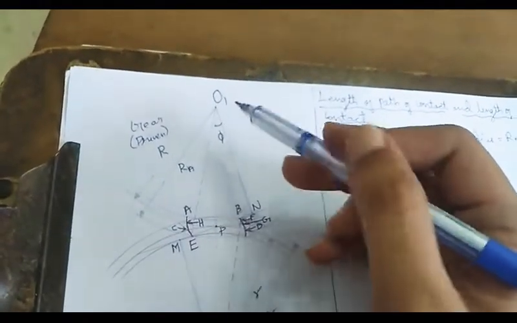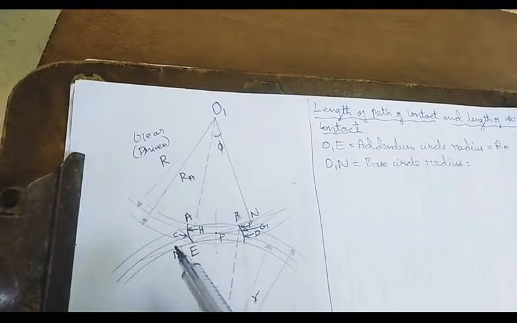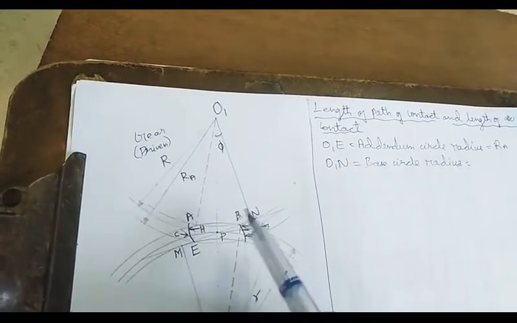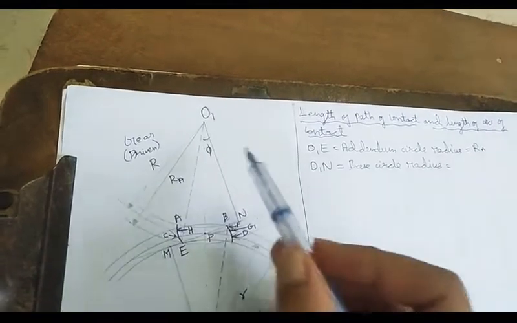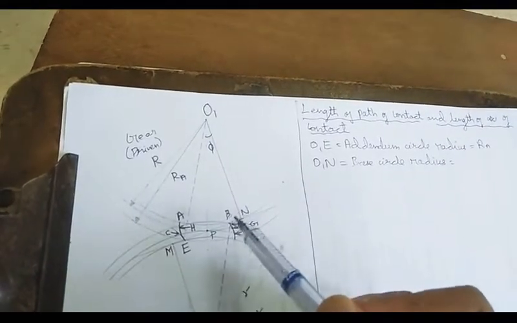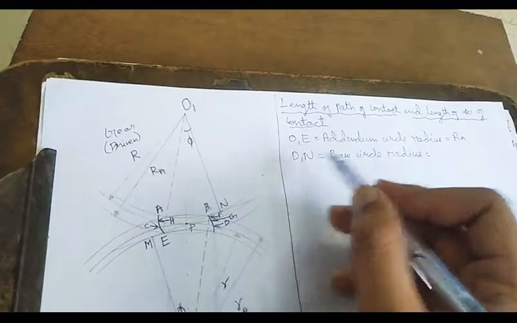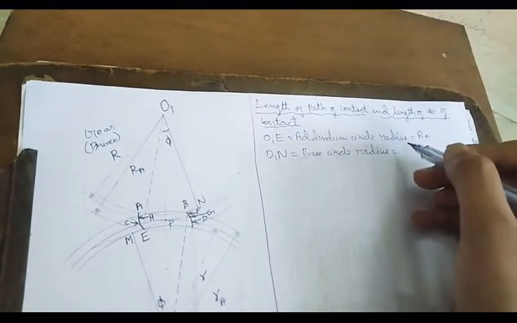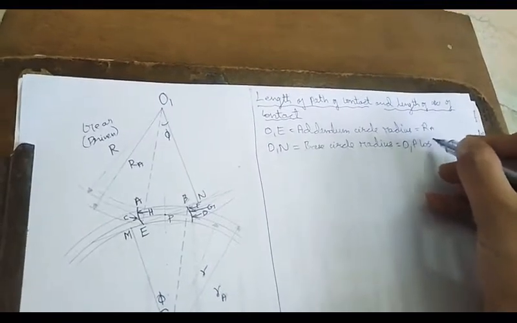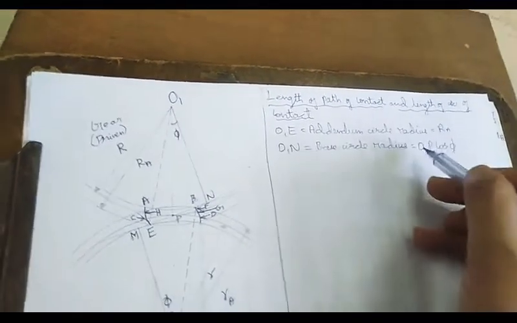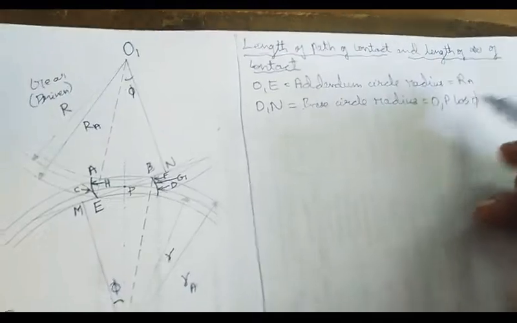Since this triangle O1NP is a right angle triangle at point N, by using the trigonometric rules, we can say that O1N is equal to O1P cos phi.